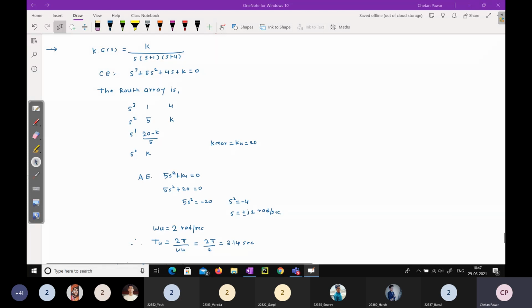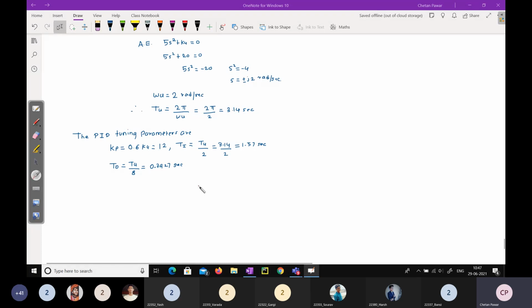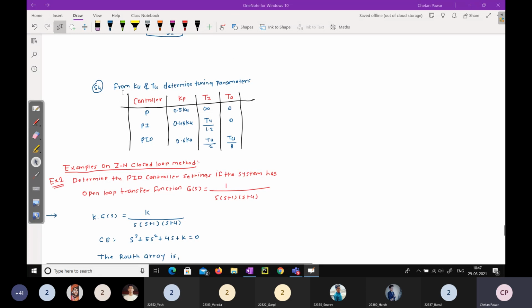Then after determining KU and TU, you will just determine the PID tuning parameters by using this particular table.